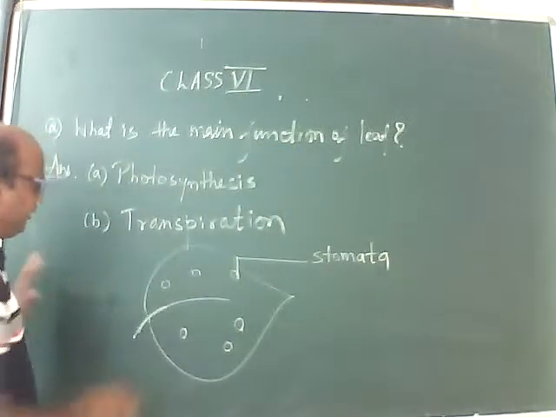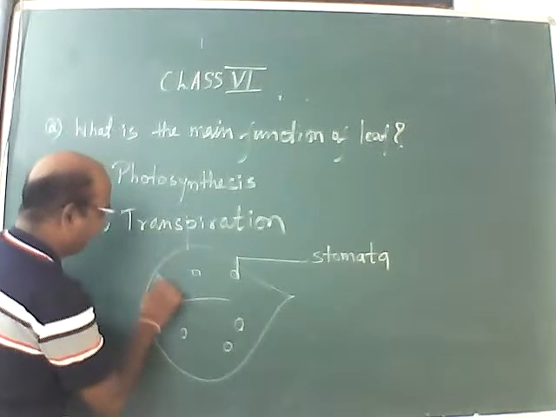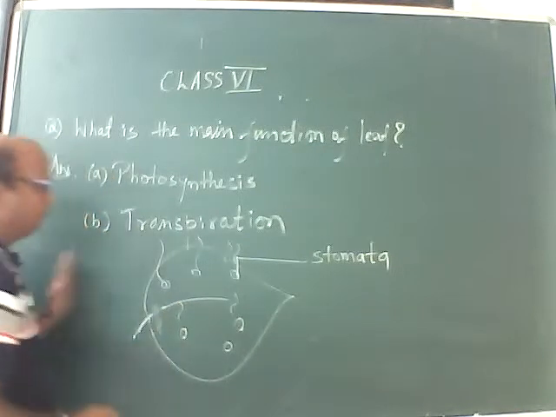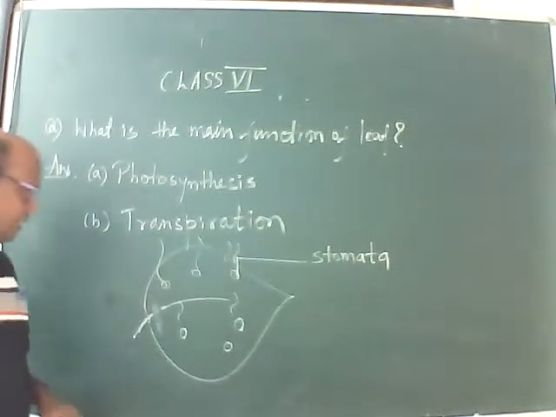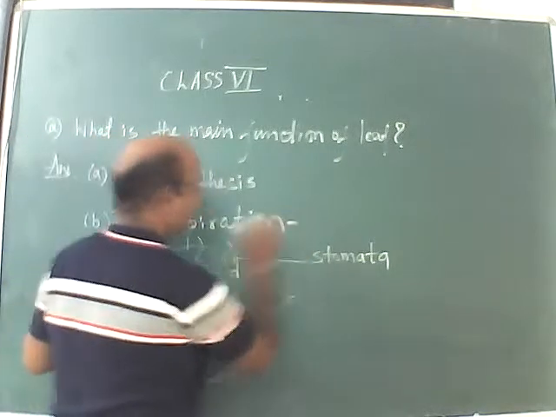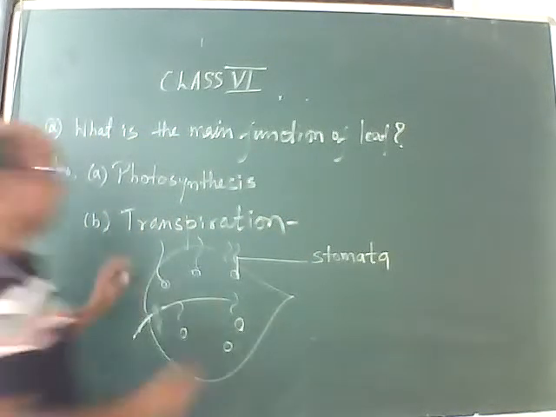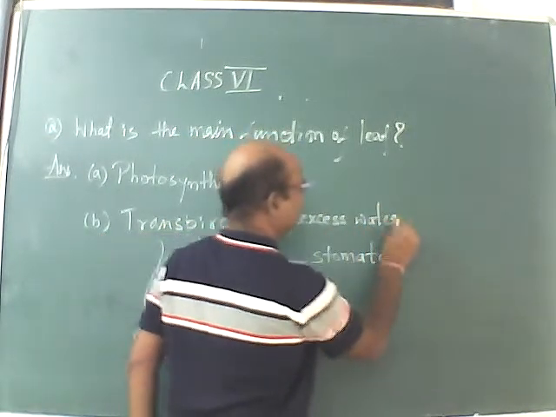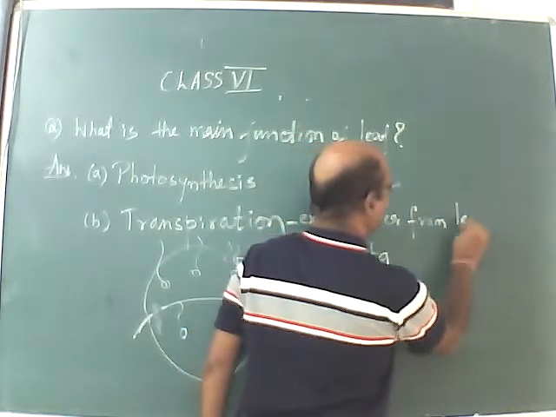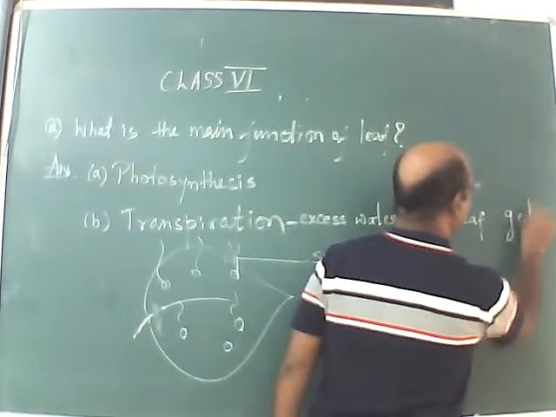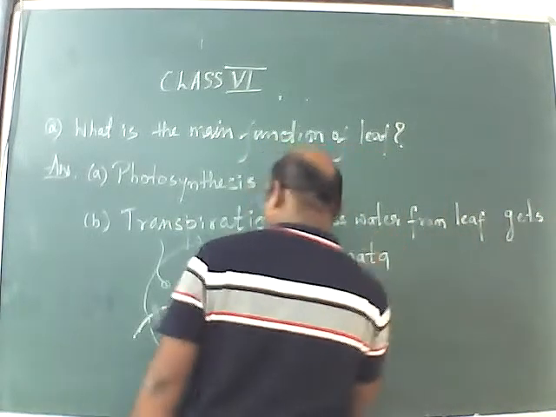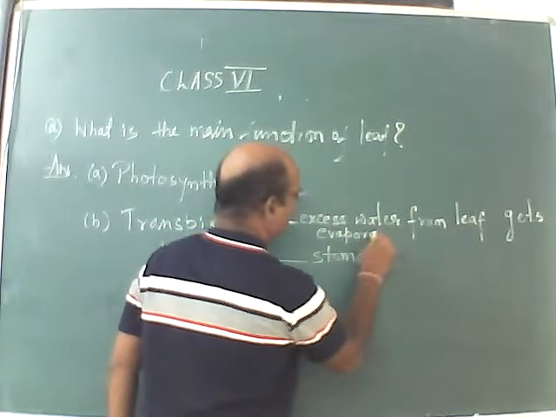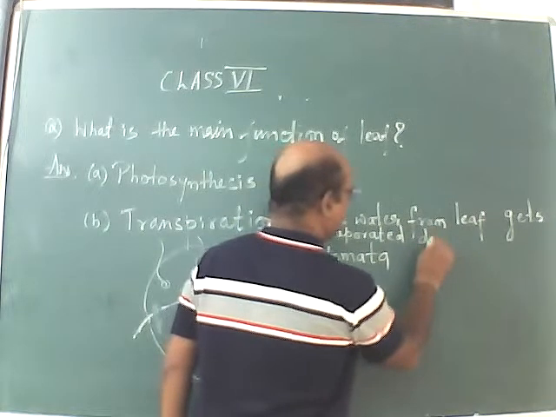Now, the excess water present in the leaf gets heated by the heat of the sun and is lost in the form of water vapor. That is called transpiration. So transpiration we can define as the process in which excess water from the leaf gets evaporated due to heat of the sun.